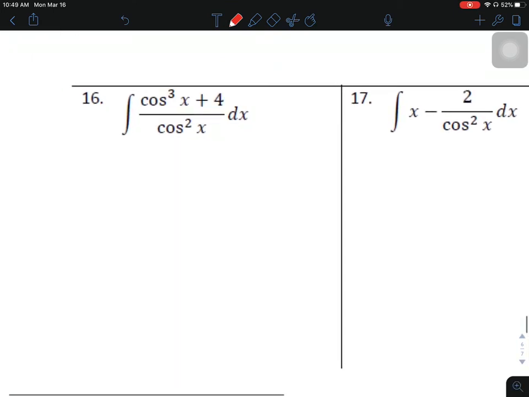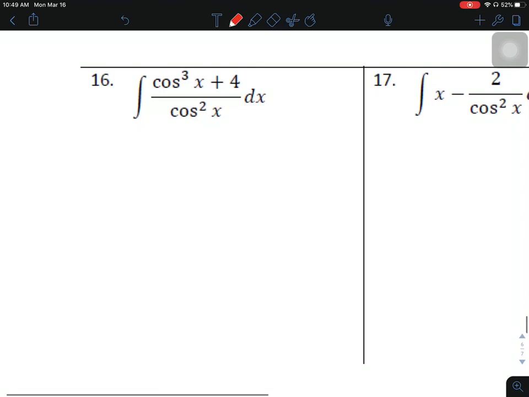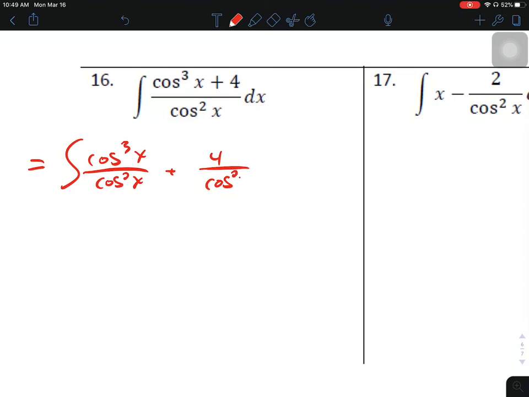16. Let's see. Can't do it in its current form. I'm going to rewrite this as cosine cubed of x over cosine squared of x plus 4 over cosine squared of x.